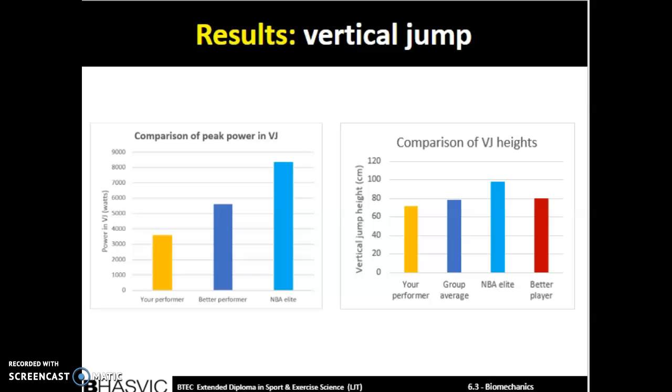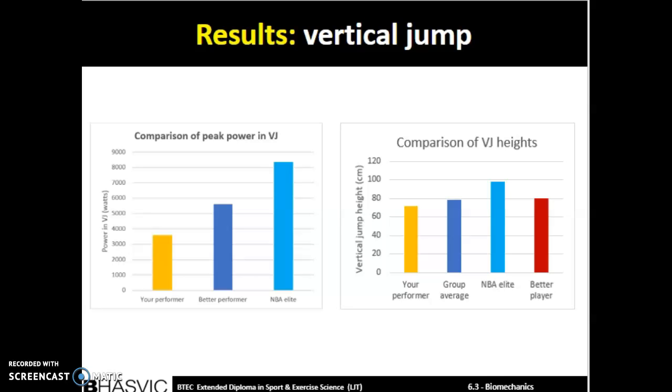They may not be in that position. So my better player may be a centre, where he's made to get vertical jumps to get rebounds, whereas my performer could be a shooting guard or a point guard, so they may not be able to get as high watts.